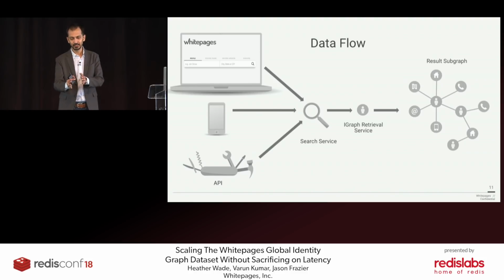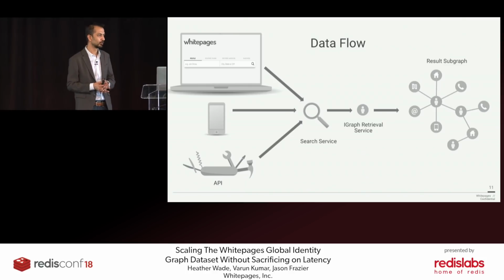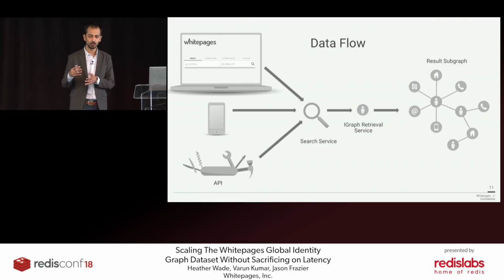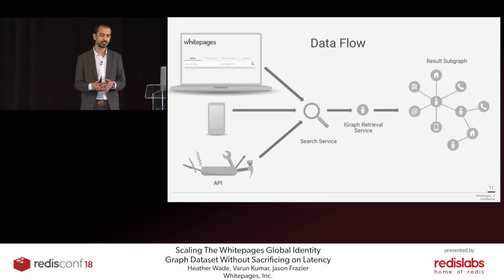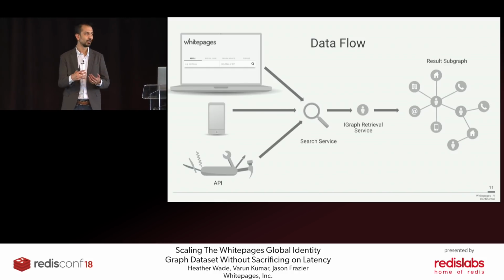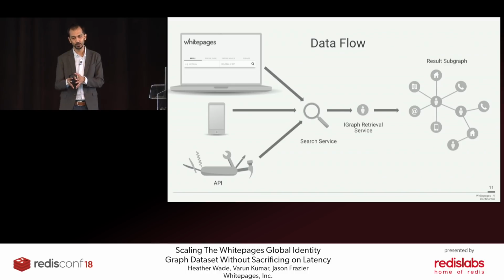All those queries first go to a search service, which is backed by Solr, and we index only the searchable fields in Solr, because nobody wants to search on some of the person attributes, like gender maybe. So we have certain filters, and we don't allow certain filters. Age is allowed, but for certain things like telephone numbers, you cannot search with a person and a telephone together, and those kinds of things.